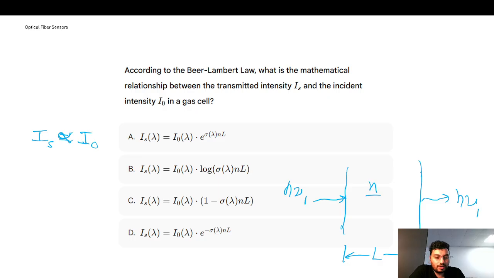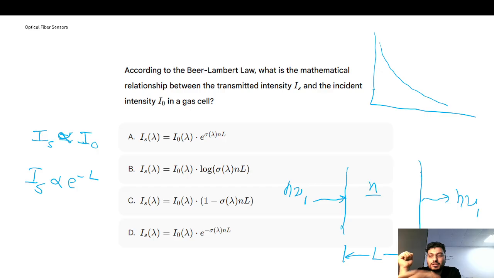Then what is the relation with the concentration and length? The transmitted intensity is also exponentially decaying with the length. If you are increasing the length, exponentially the intensity will decrease, and absorption will increase more because number of collisions will increase more.